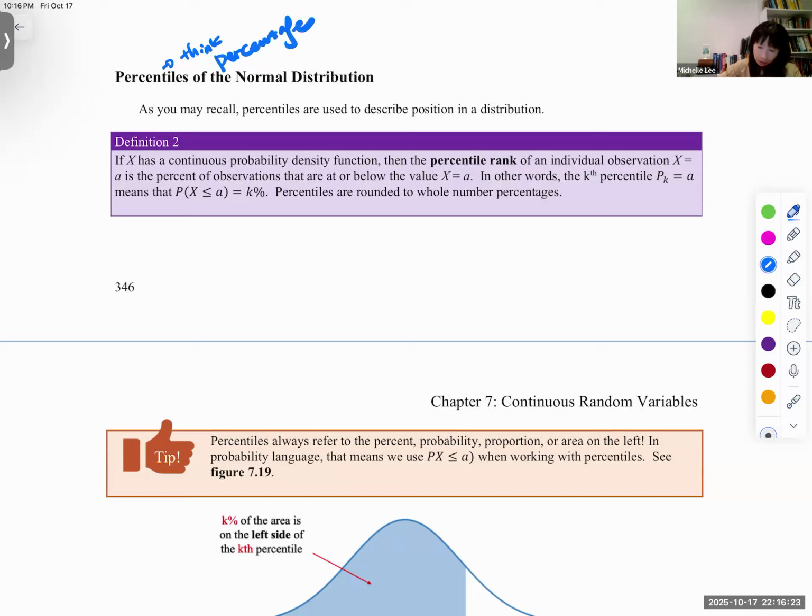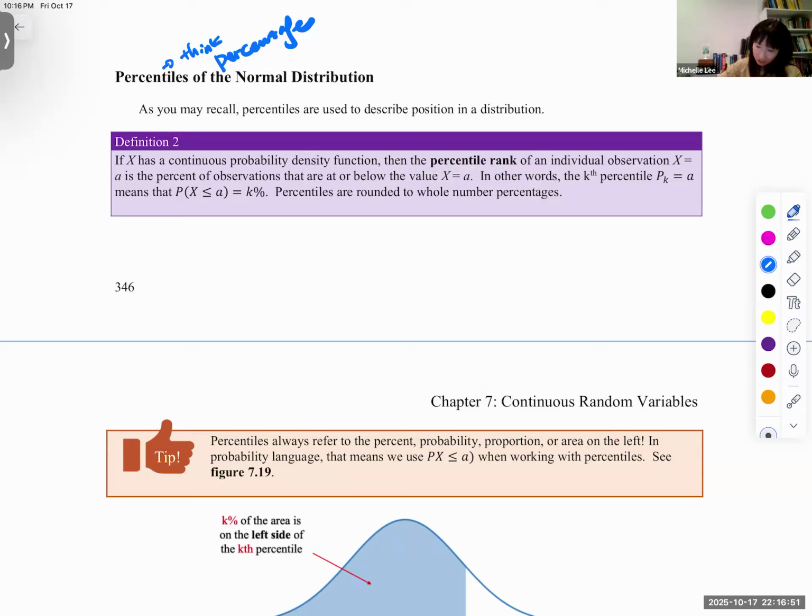With a normal distribution, we have percentile rank, which is basically the probability. So if we have a probability, we can make a percentile.